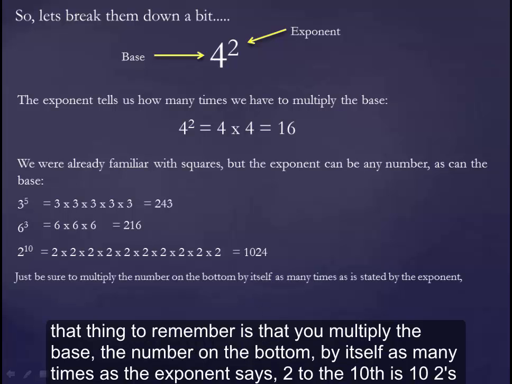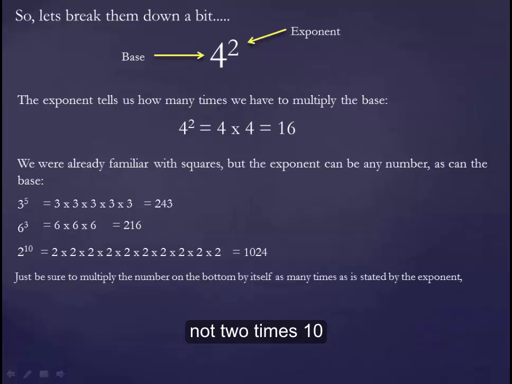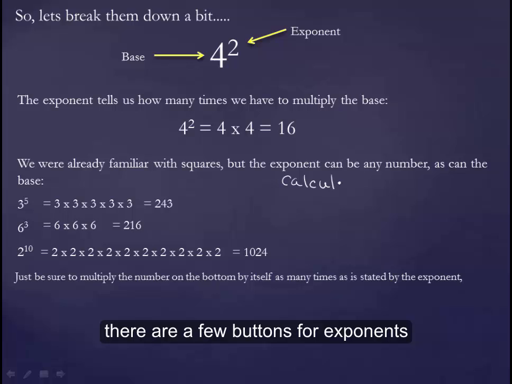The thing to remember is that you multiply the base, the number on the bottom, by itself as many times as the exponent says. 2 to the 10th is 10 twos, not 2 times 10. If you're using a calculator, there are a few buttons for exponents.